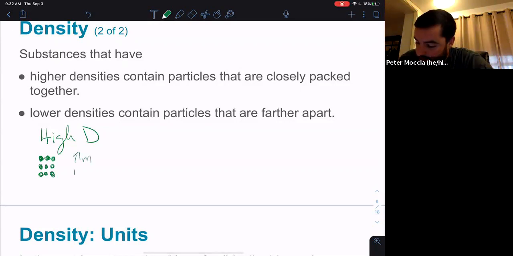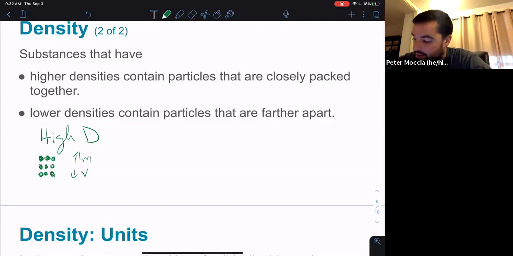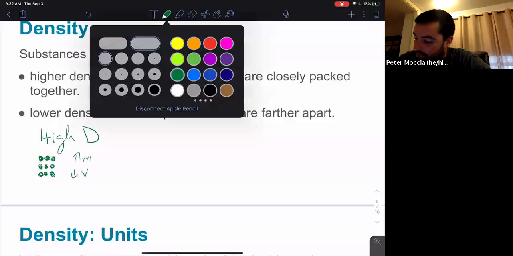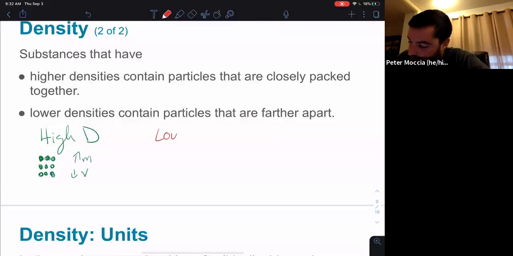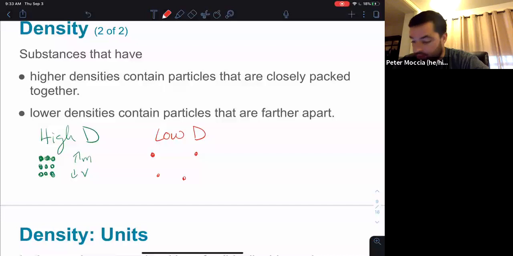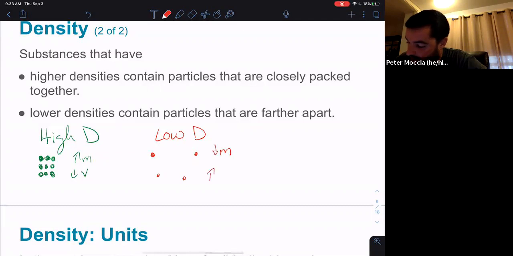More mass, smaller volume. Okay, and then a low density object would have fewer particles in larger space. So lower mass, higher volume.